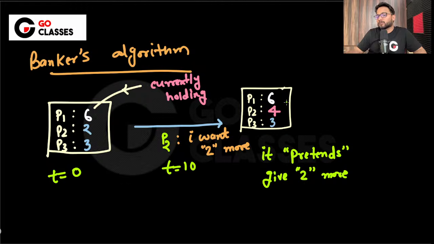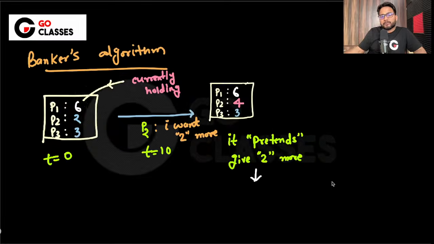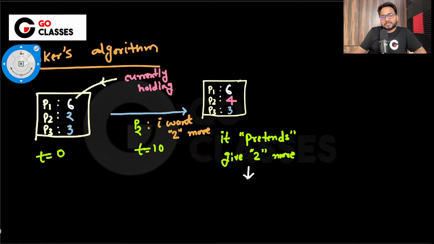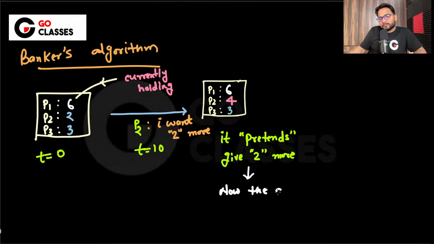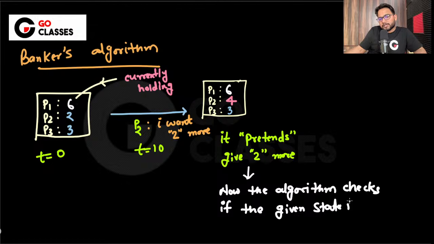That's what Banker's algorithm also checks. So the next step is that the algorithm checks whether the given state is a safe state or not.